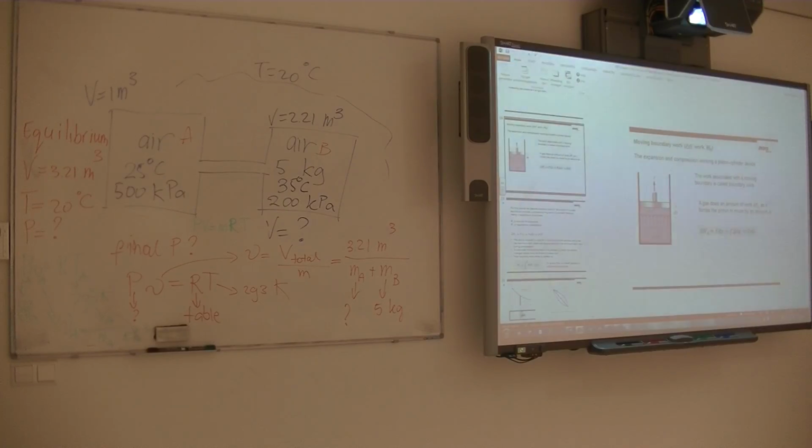So in that case, we can take the surface area of the piston out of this calculation. We can write the force is the pressure times the surface area. And this surface area times this height difference is the total volume change of this system. So we can write P times dV in this case.